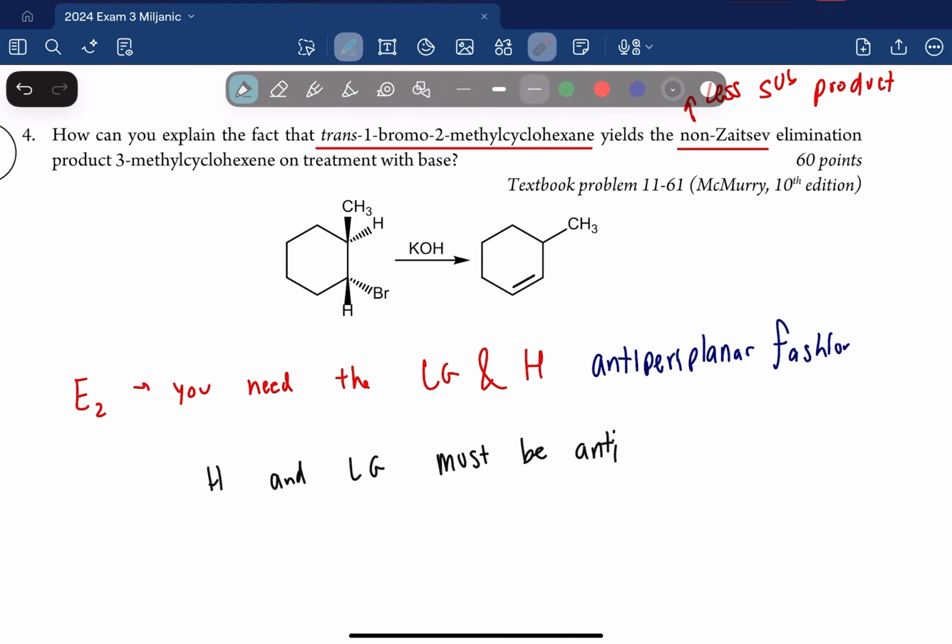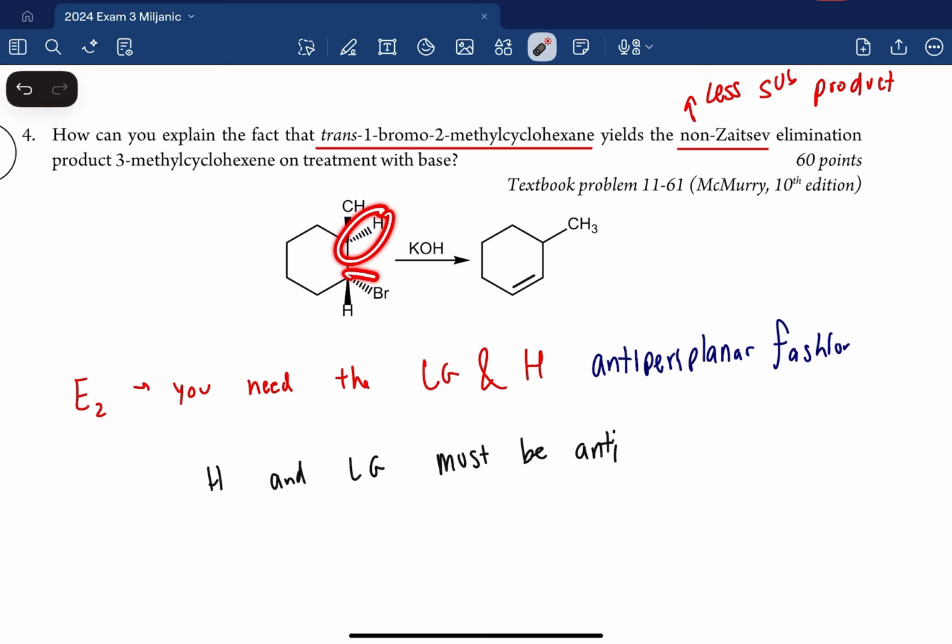Now in this case, what we see here is the hydrogen and the bromine are cis. They're not trans. So since they're not on the opposite positions, meaning that one of them is on a dash and this is also a dash, you can't eliminate here. You would need one of them to be on a wedge. That way they're sort of anti to each other.